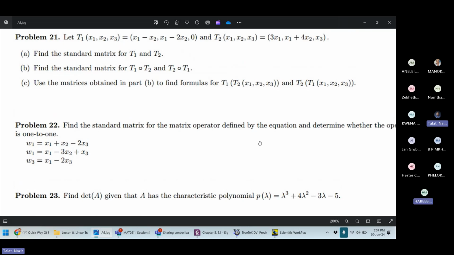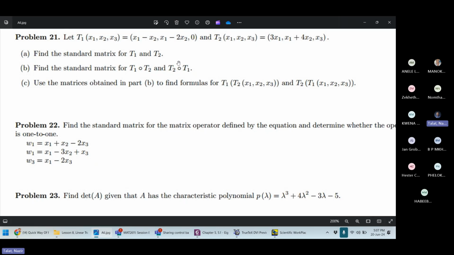Okay, yes. In 21C, from the first part, you will get a matrix. In the first part, you know what is T. T1 is the first matrix, T2 is the second matrix, which you can simply obtain from here. Now if you multiply T1 with T2, it will give you the standard matrix of T1 multiplied by T2. Similarly, from the first part T2 is available, T1 is available.